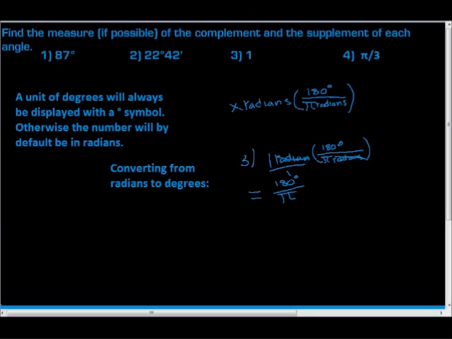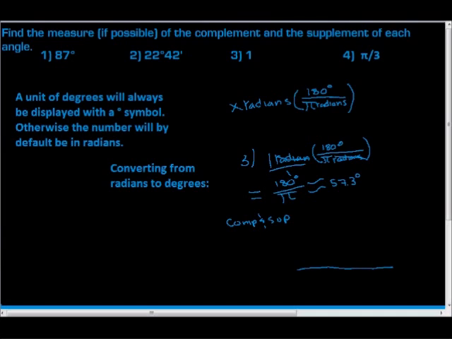And so our answer for converting over is going to be 180 degrees over pi, which is approximately, if you do it by your calculator, 57.3 degrees. So with that, we have the angle, and so we can go ahead and compute our complementary and our supplementary angles.